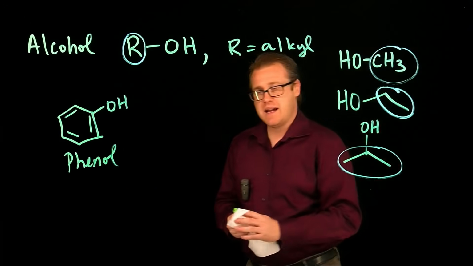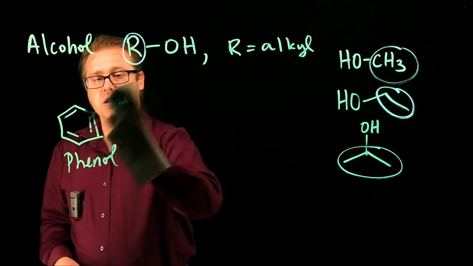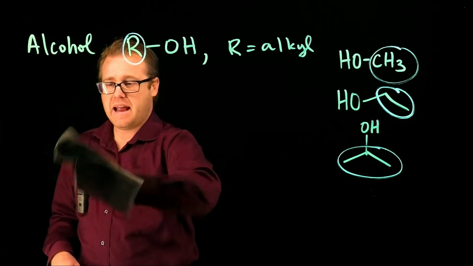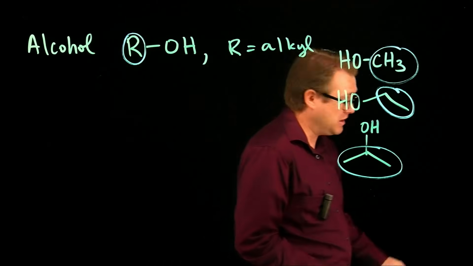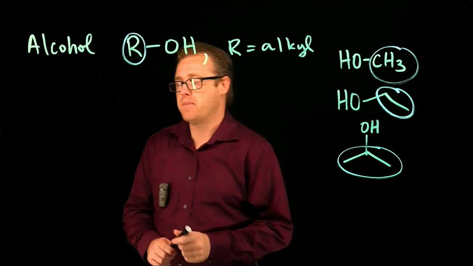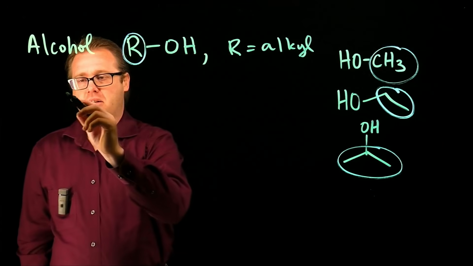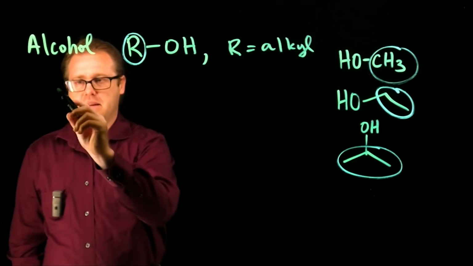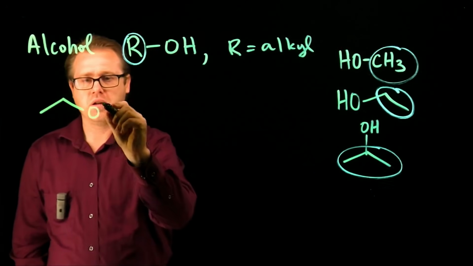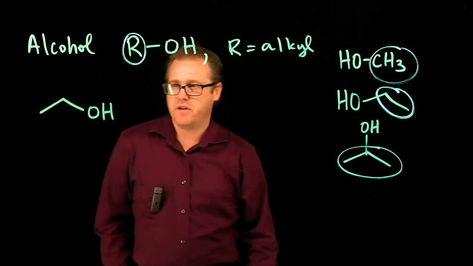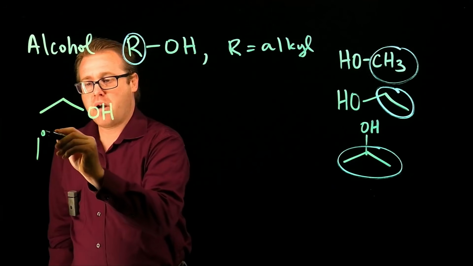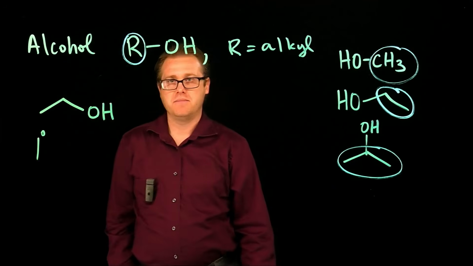Now, when it comes to alcohols, there are different degrees of alcohols. You can have a primary alcohol, a secondary alcohol, and a tertiary alcohol. So a primary alcohol looks like this. If we take a look at ethanol, ethanol is a primary alcohol.